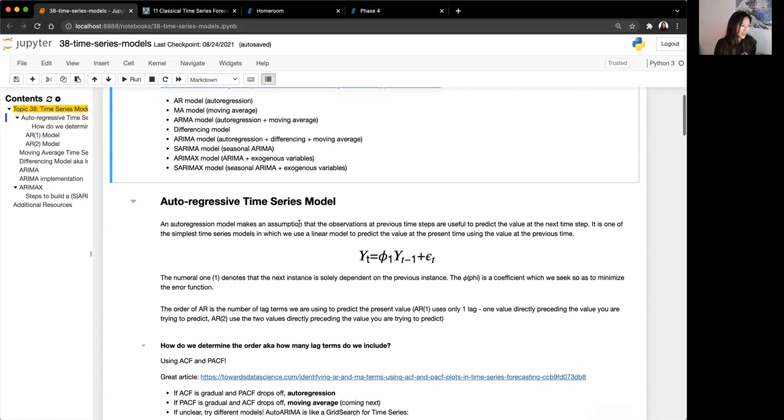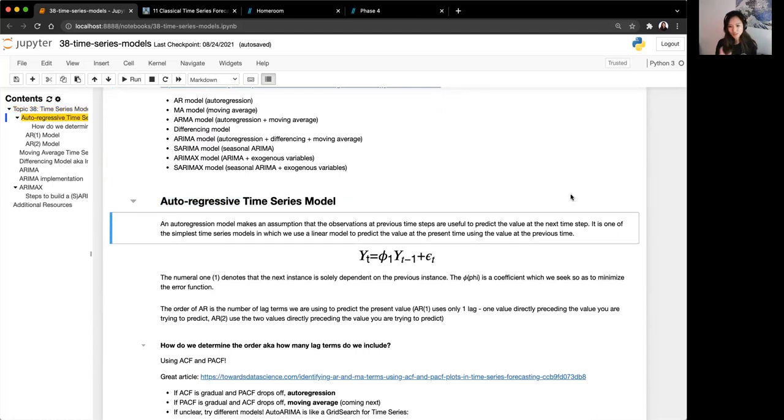So first we have AR models. You can do an autoregressive time series model, and autoregression basically makes the assumption that observations at previous time steps are useful to predict the value at the next time step. It is one of the simplest time series models, in which we use a linear model to predict the value at the present time using the value at the previous time. Intuitively, this sounds like it would make sense.